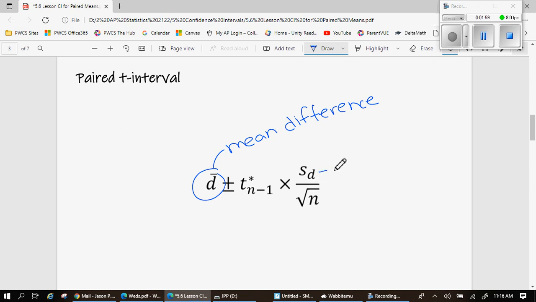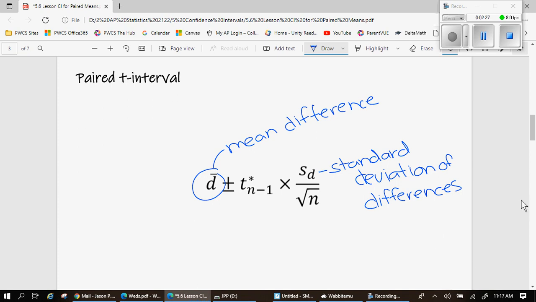SD means the standard deviation of differences. This should look like a one sample t-interval because it's the same format, but we get our mean and our standard deviation not from one sample, but from the difference of two samples.